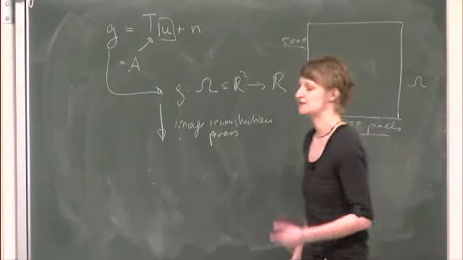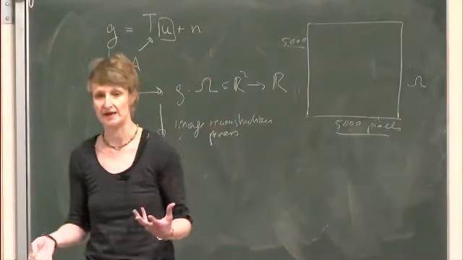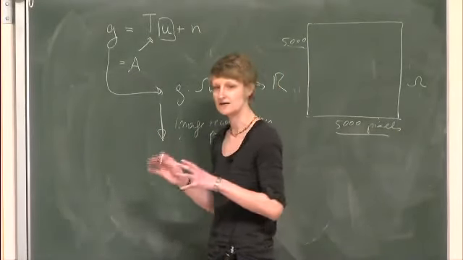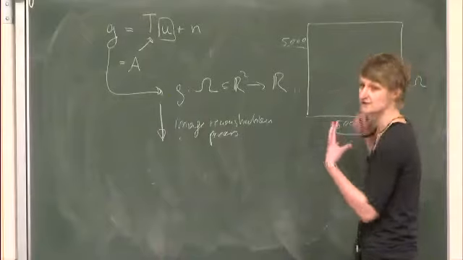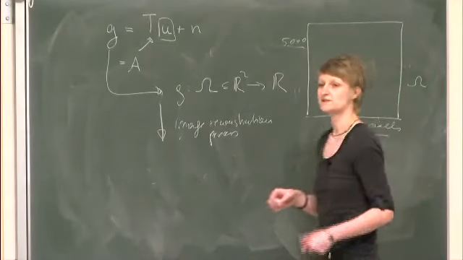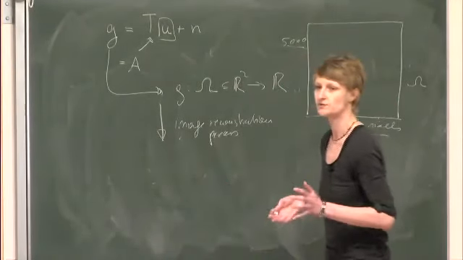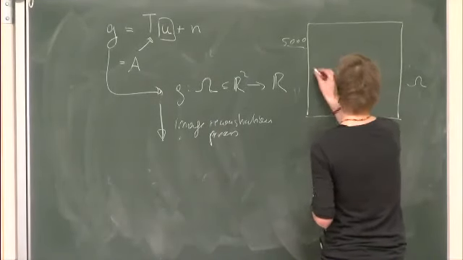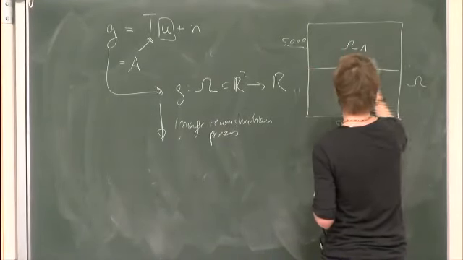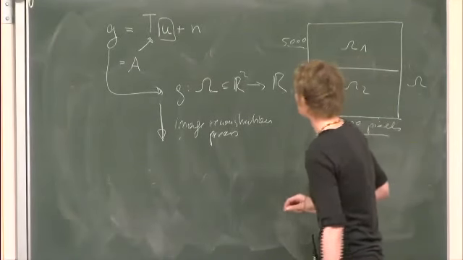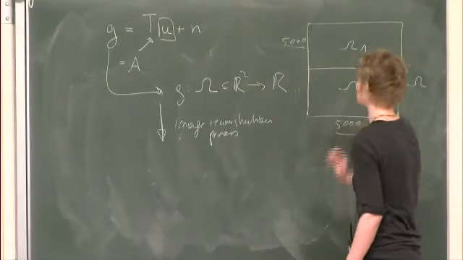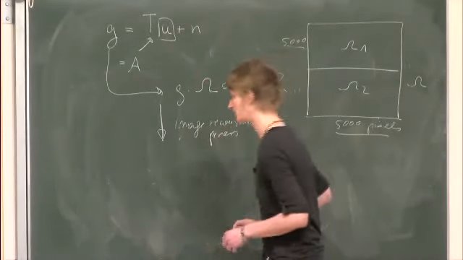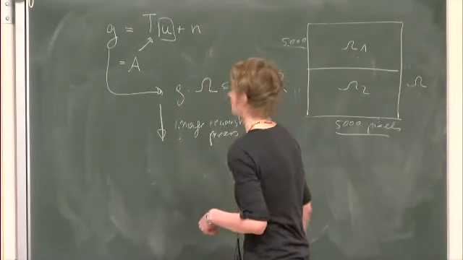So one specific approach that I want to discuss with you today is, instead of solving this image processing task on the whole image domain, which is large, I split the problem into smaller problems, and I solve the problem on each small problem. So I split the domain omega, say, into two domains, omega 1 and omega 2, and I process the image on omega 1 and omega 2, and then stitch together the solutions. That's the main idea of what I want to talk about today.